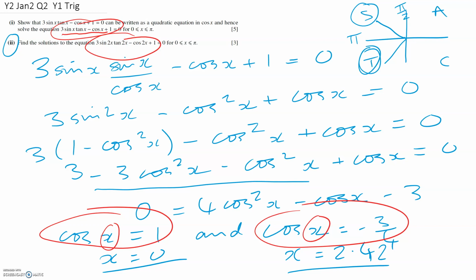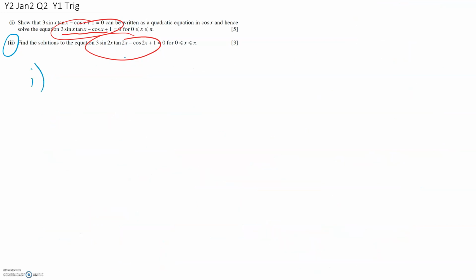So let's just clear up a bit. In part 1, we found that cos x equaled 1, or cos x equaled minus 3/4 once we'd solved our quadratic, and the range was x between pi and 0.